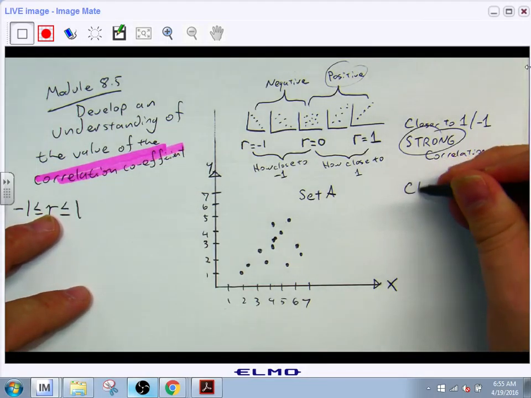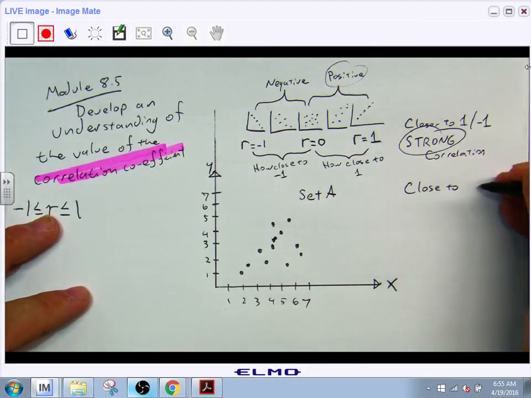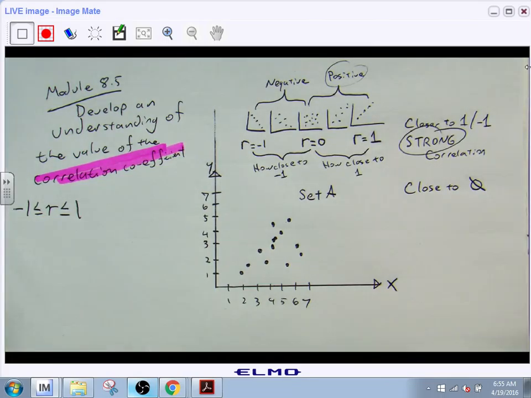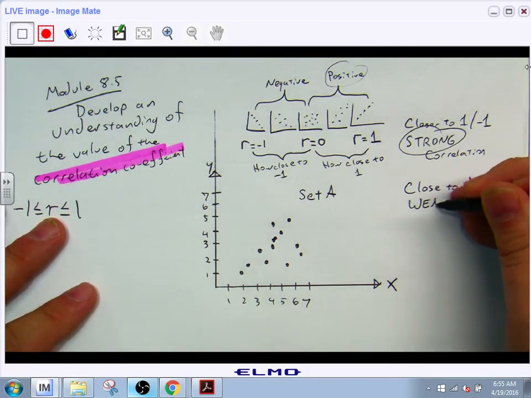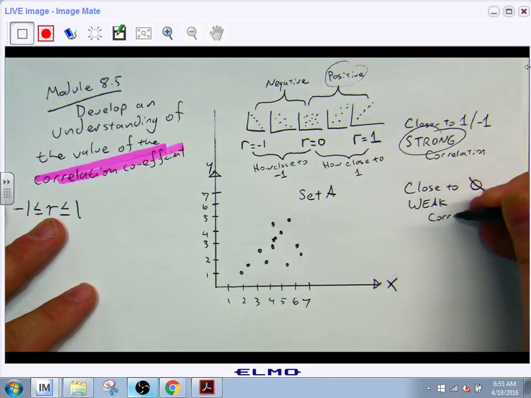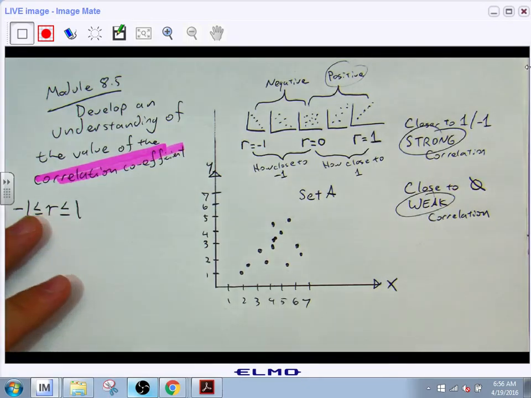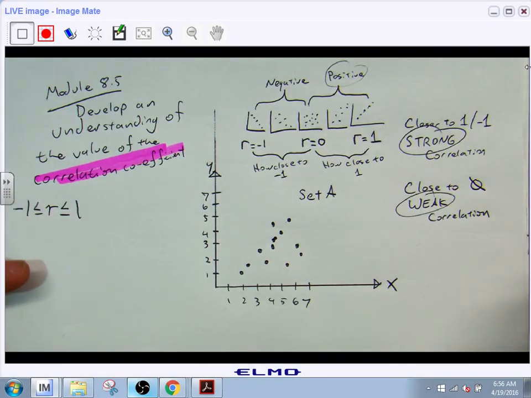However, if it's closer to 0, whether that's positive or negative, we're going to call that a weak correlation. So if it's like 0.1, 0.2, -0.1, -0.2, we're going to call those weak correlations.